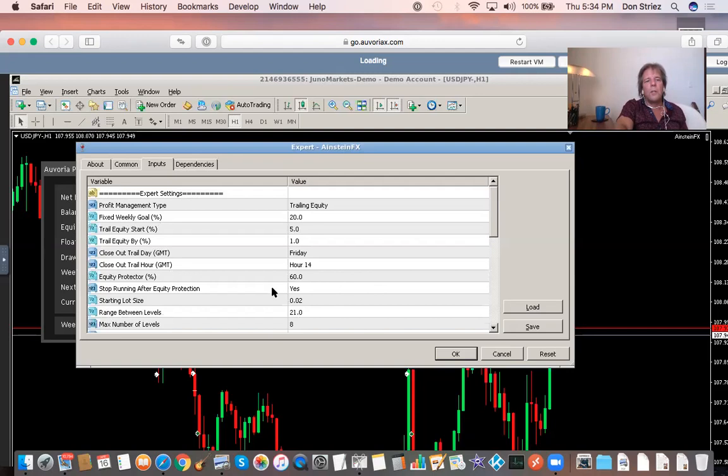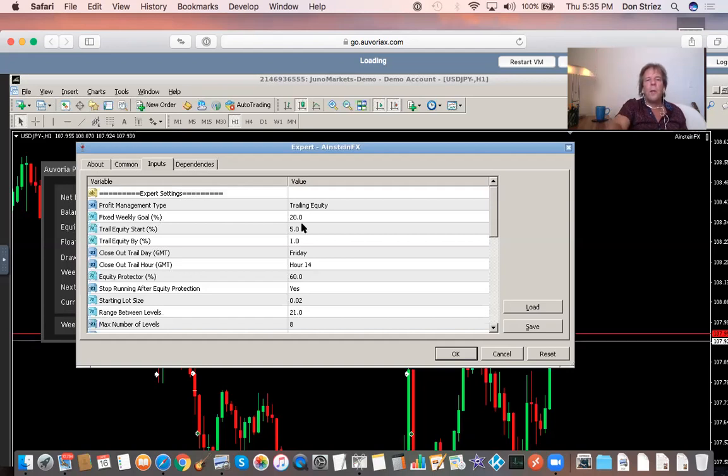The other thing that is also part of risk management is this trail equity start and trail equity by a certain percentage. How that works is you make a setting here that your goal for the week is 5% return on all your open positions.